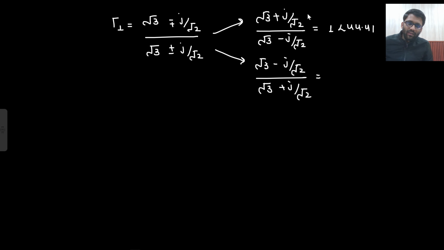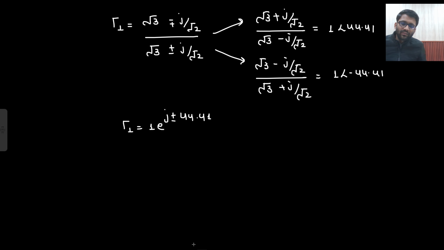This will be positive and this will be negative. So resultantly, can you write down your reflection coefficient as magnitude 1, e to the power j plus minus 44.41. Say yes or no. This is my reflection coefficient.